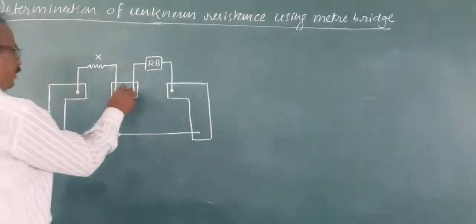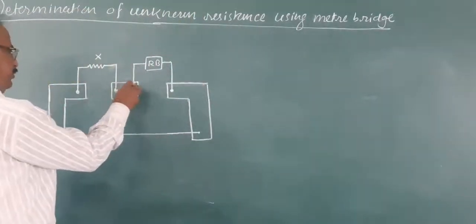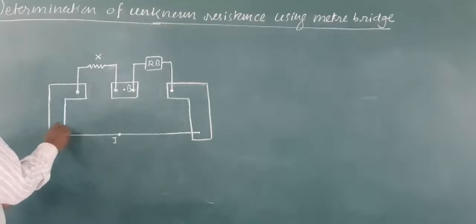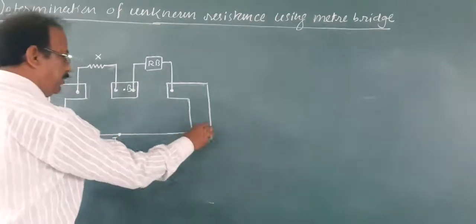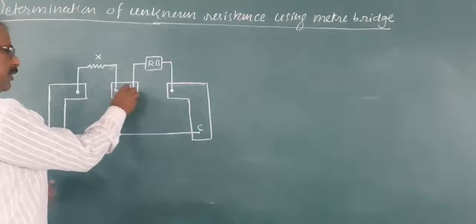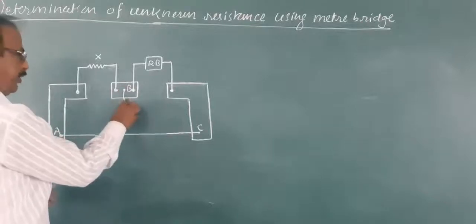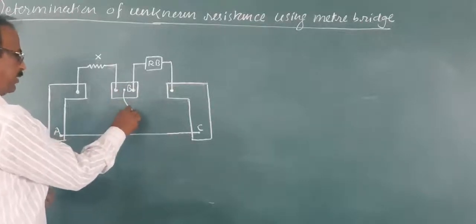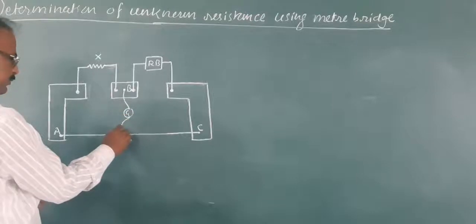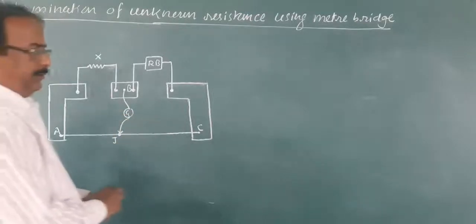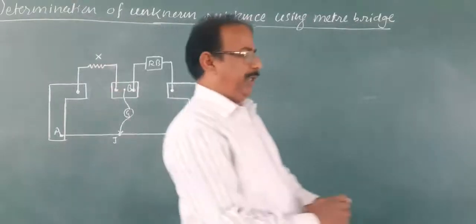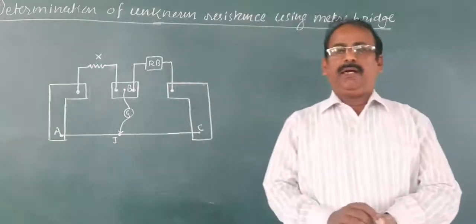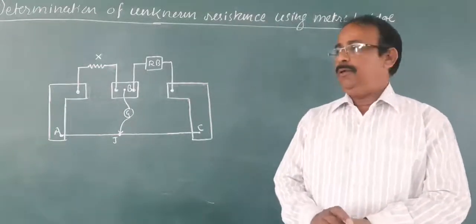This is terminal A, this is terminal B, this is terminal C. In between terminal B and jockey J, galvanometer is connected.